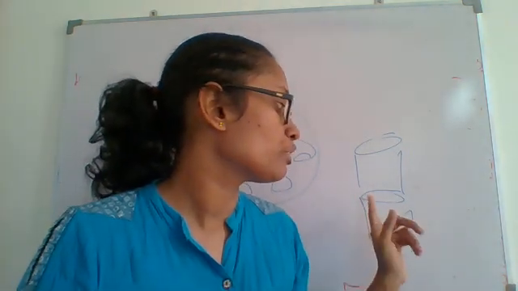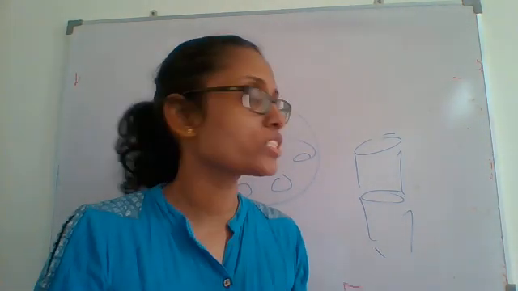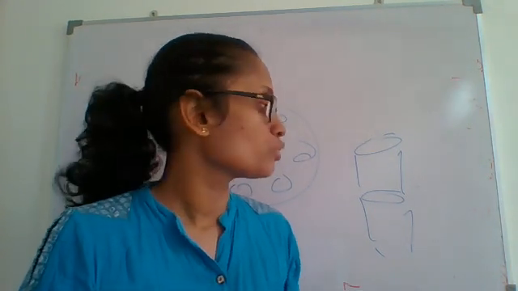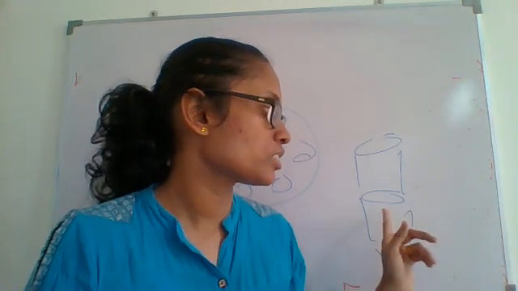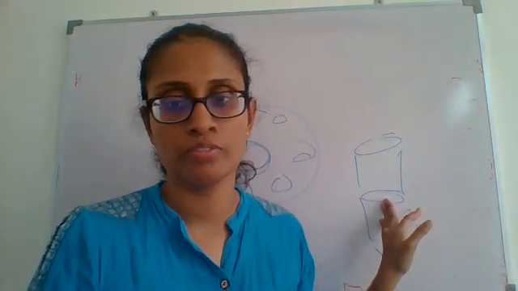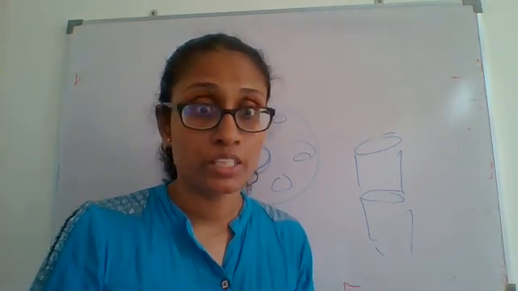If the cross walls are present, what happens? You cannot transport water, because it's a barrier. So all these cross walls have been dissolved to form a continuous xylem vessel.